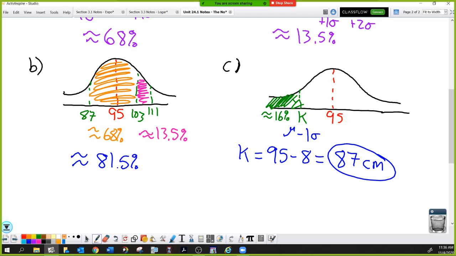Yeah, that's what K is. K must be the number that is 1 standard deviation below the mean. And that is your introduction to the normal distribution.